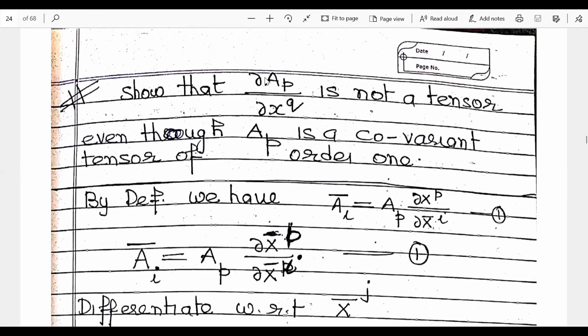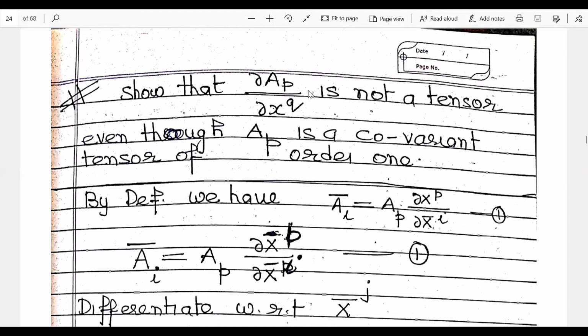Show that ∂Ap by ∂xq is not a tensor even though Ap is a covariant tensor of order 1. We know that Ap is a tensor. But if this is a tensor, it is not necessary that its derivative is again a tensor.